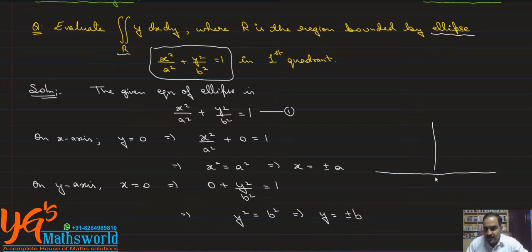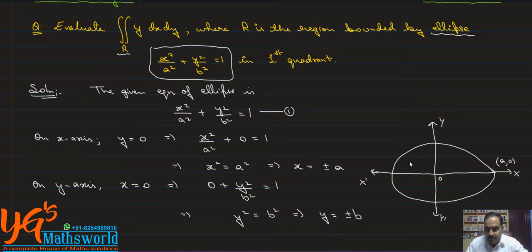So the graph of this type of curve will be something like this. Here we have x-axis, here we have x dash, y-axis, y dash, and this is the origin. So on the x-axis we have the points (a, 0), this is (minus a, 0), (0, b) and (0, minus b).